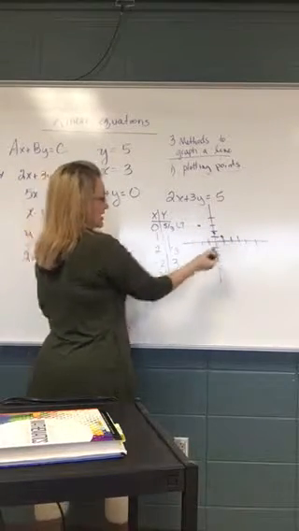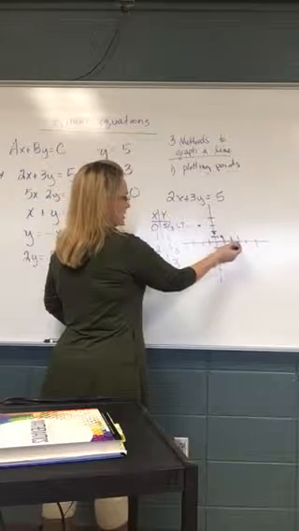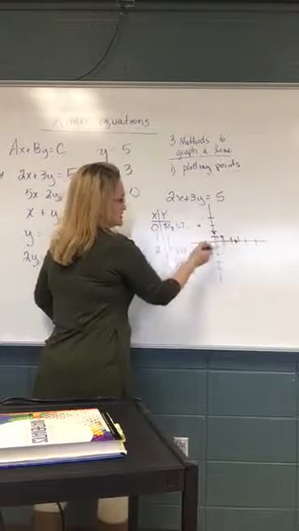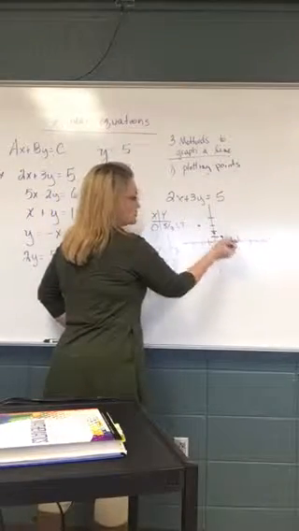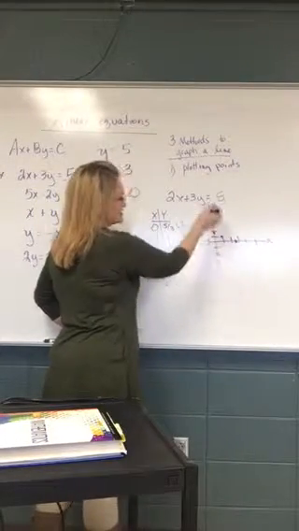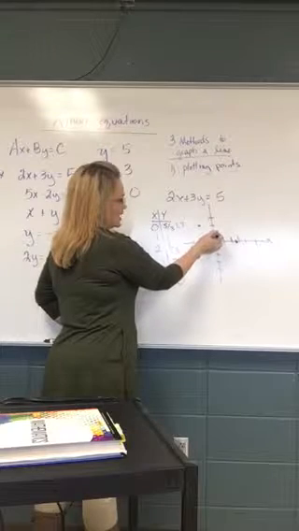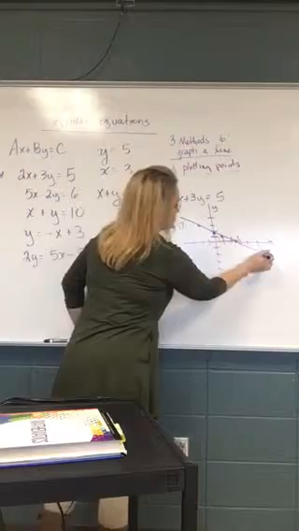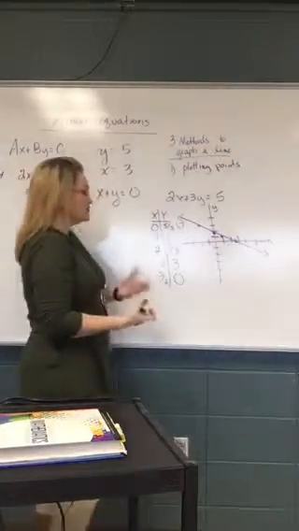This is 2.5. So over 2.5, 0. There's my x-intercept, because this is my x-axis. That's where it crosses the x-axis. And then this way, there's my y-intercept, where it crosses my y-axis. Then connect your dots to show that there are infinite solutions.